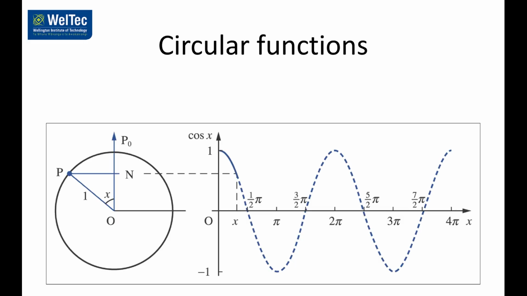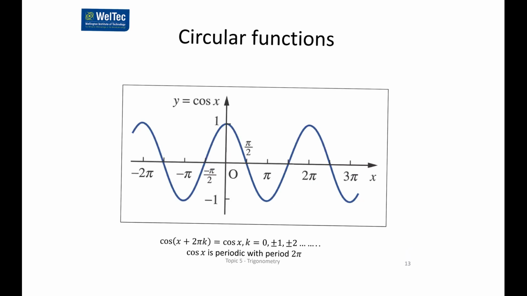Similarly, we could take the horizontal measure and do the same thing. We could have a circle with a radius of 1, and we could look this time at the horizontal length, Pn, and draw that on a graph with x on the horizontal and that horizontal distance on the vertical axis, and we would get what we know as the cos curve.